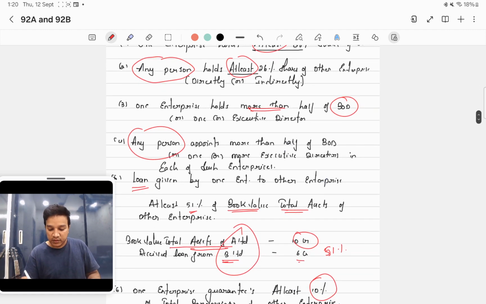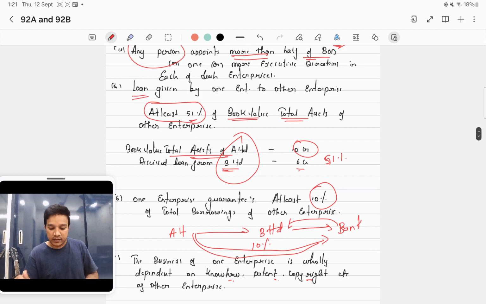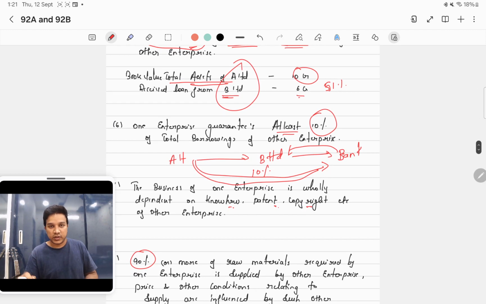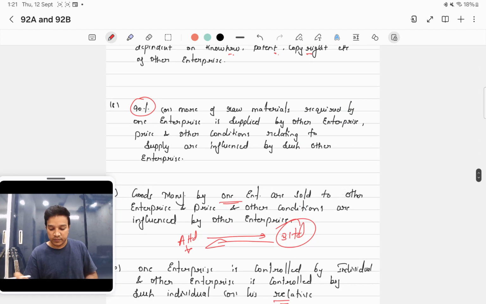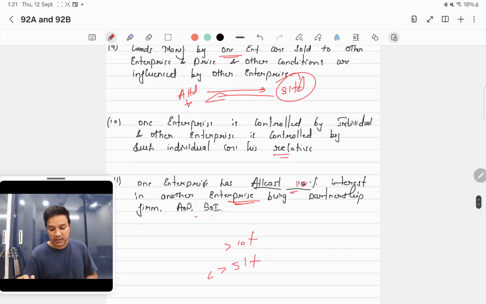If you see the other one, loan at least 51% is more than half. Remember that for the board of directors, it should be more than half, not at least, that is, more than 50%. And 51% is at least again. At least 10% of total borrowings of the other enterprise, guarantee at least 10%. Giving 90% or more. So it is easy to remember and you should not forget it in the exam hall.